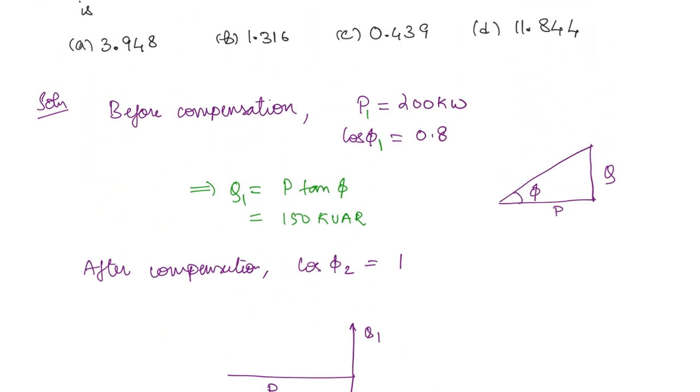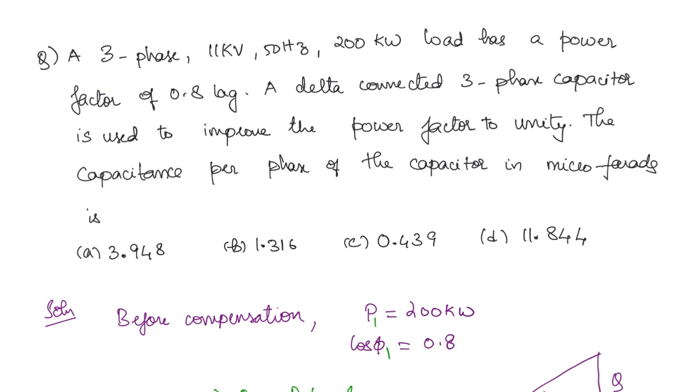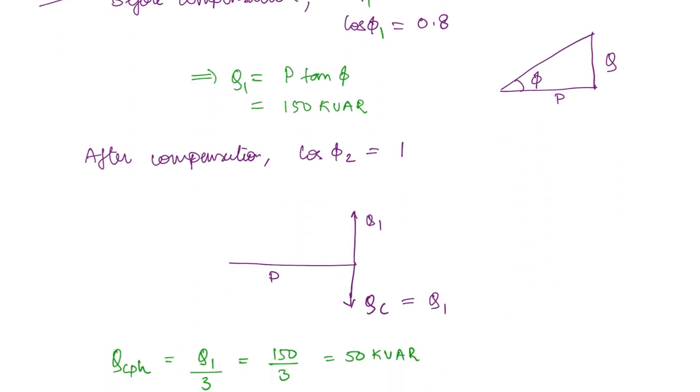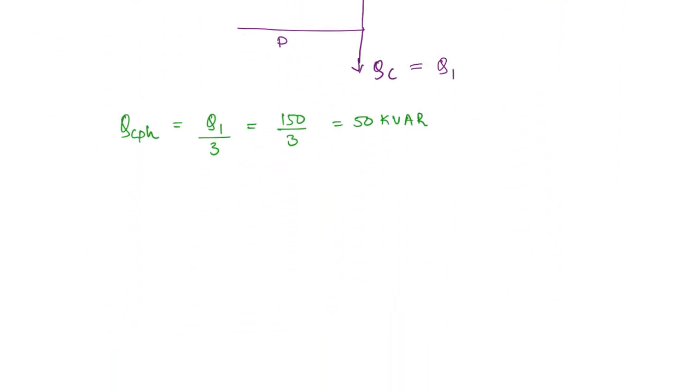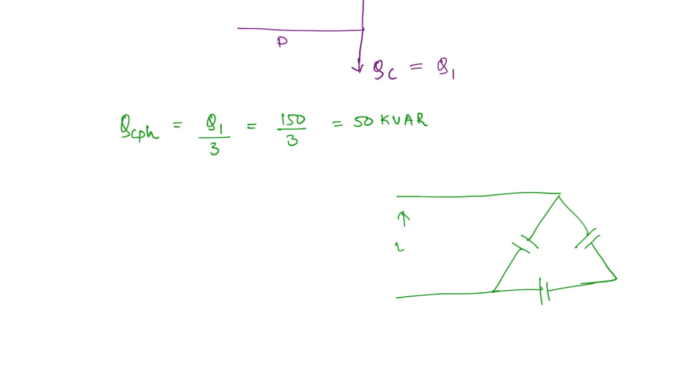Now one more important thing that is given here is that the capacitor is delta connected. So for a delta connection, what will be the relationship between the phase and the line voltage? See, irrespective of the transmission line configuration, what we have is the capacitance configuration that is delta connected. So say the transmission line is giving you the line voltage VL, then that becomes the phase voltage for the capacitance.